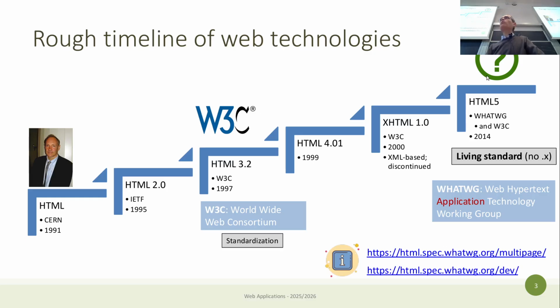This is unfortunately the icon of HTML5, a question mark, which is kind of a joke because it's a living standard. And there are working groups behind the development of the language: the WHATWG, the Web Hypertext Application Technology Working Group, which tries to maintain, together with the W3C, the World Wide Web Consortium, HTML and other standards in this context.